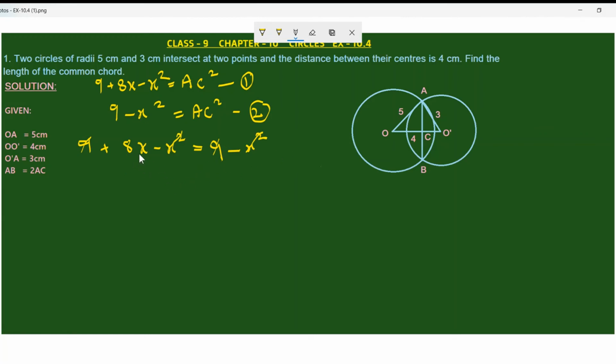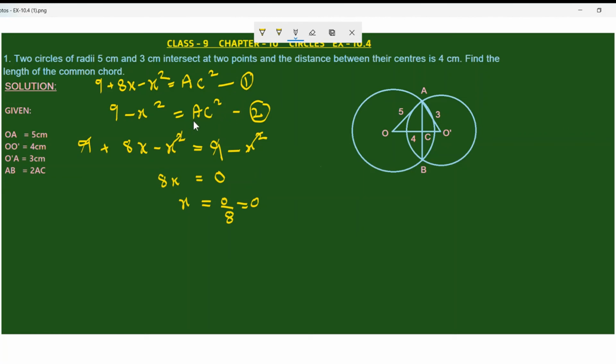Now remaining parts are 8x is equivalent to 0. So x is equivalent to 0 upon 8, which is equivalent to 0. So x is equivalent to 0. Substitute this x value in any one of these equations.